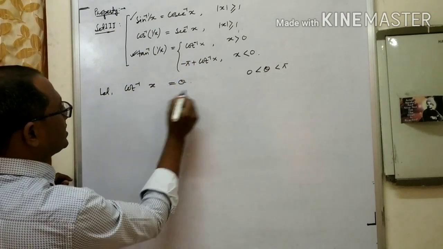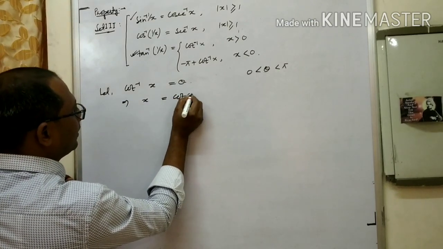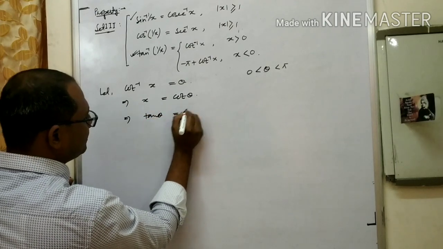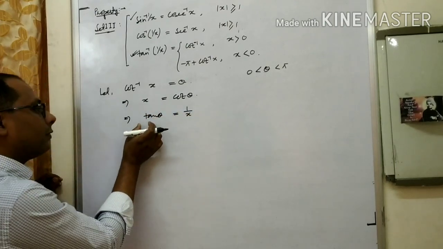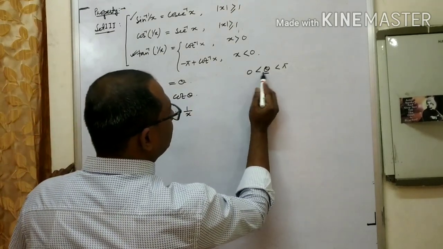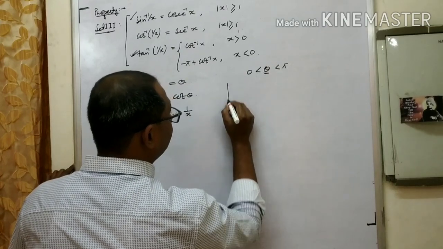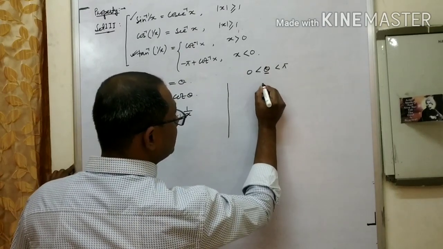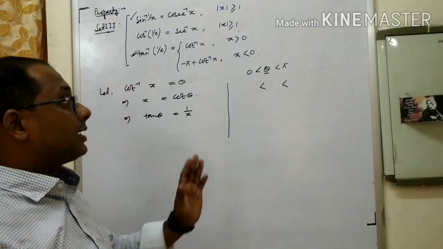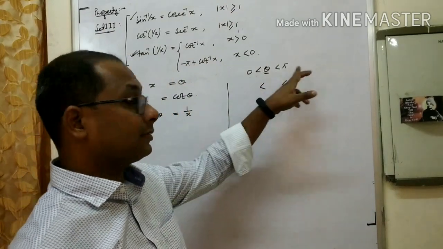So let cot inverse of x equal to theta, so x equals cot theta. So tan theta will be equal to 1 by x. Now before I take tan inverse of x, I have to check where theta lies. Theta is lying in 0 to pi. Now tan inverse x will give me two different values in this interval.